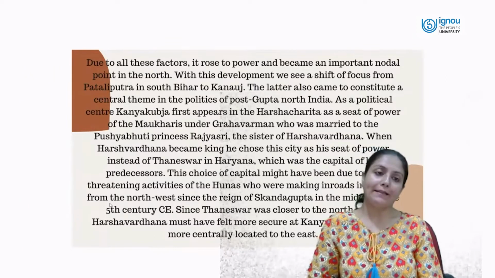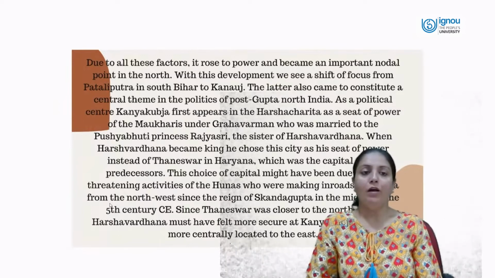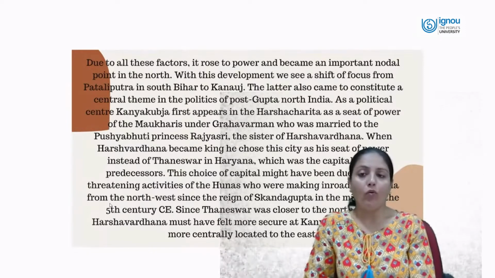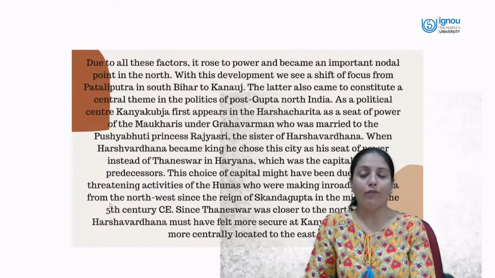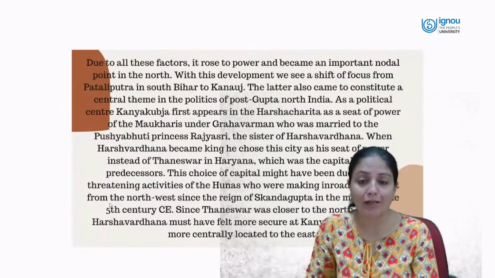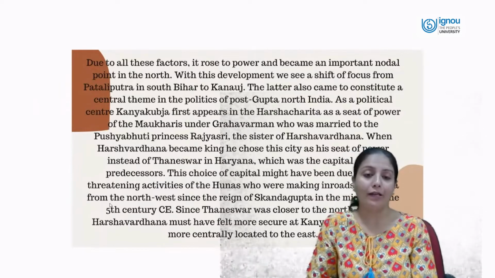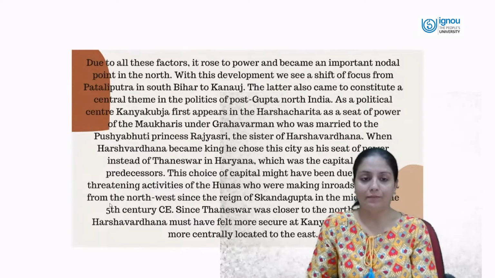As a political center, Kanyakubja first appears in the Harshacharita as a seat of power of the Maukharis under Grahavarman, who was married to the Pushyabhuti princess Rajyashri, the sister of Harshavardhana. When Harshavardhana became king, he chose this city as his seat of power instead of Thaneshwar in Haryana, which was the capital of his predecessors.